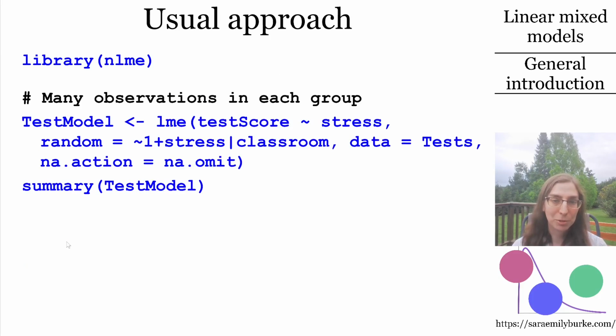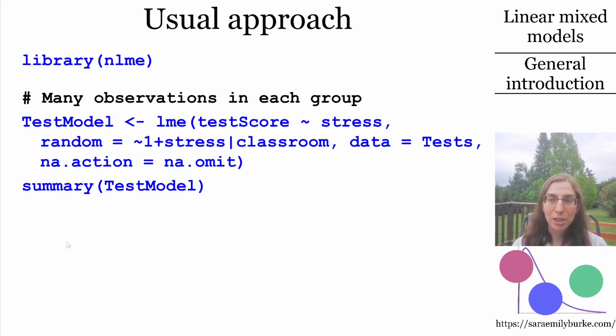Back to the usual way of doing it in NLME. This code is the same as what I showed a moment ago, except there is one additional argument. na.action equals na.omit. For simplicity, I didn't show this before because my dataset didn't have any missing values. But in many real-world cases, you'll want this argument.